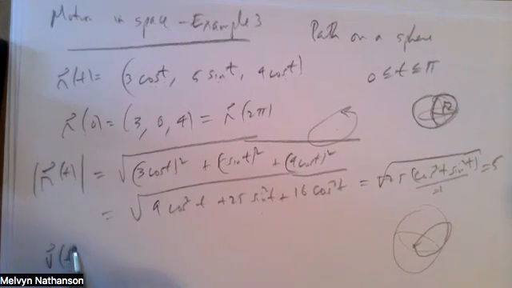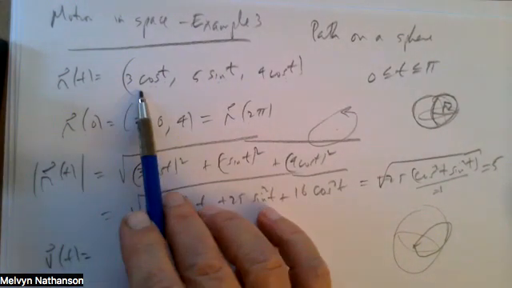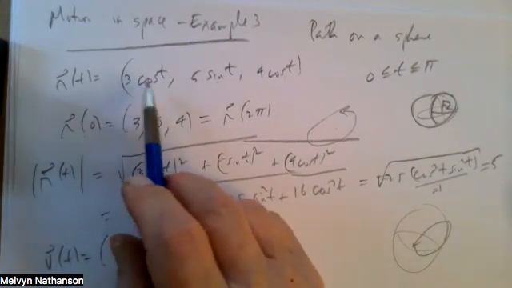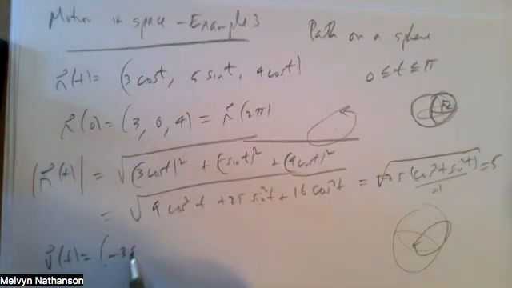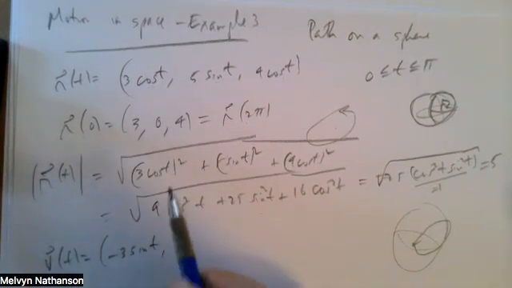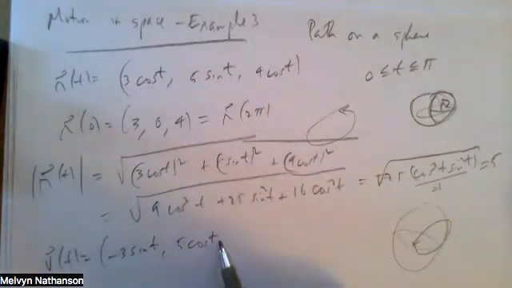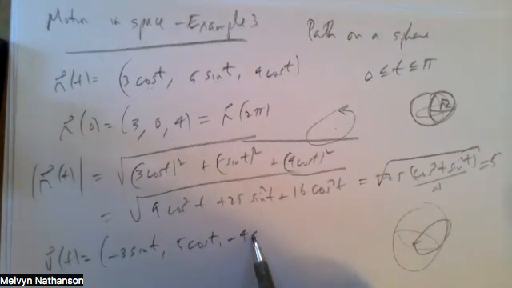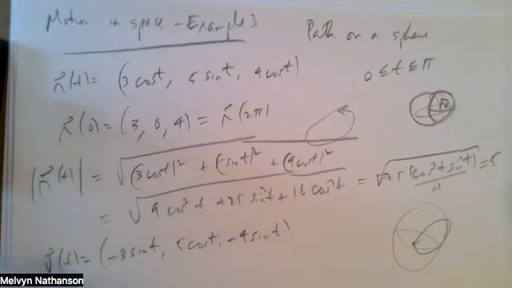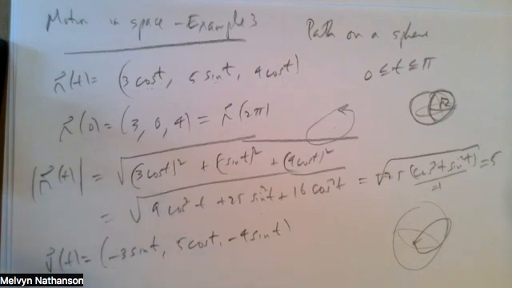What is the velocity of this particle? You differentiate. Derivative of cosine t is minus sine t. Derivative of sine t is cosine t. Derivative of cosine t again is minus sine t. So this is the velocity at any time.